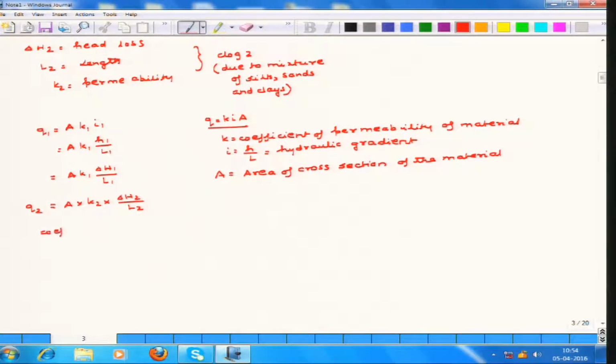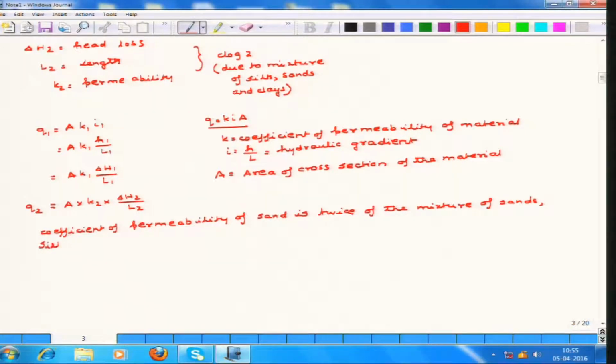Now, let us go back to the question and see that it is also given that the coefficient of permeability of sand is twice that of the mixture of sands, silts and clays.